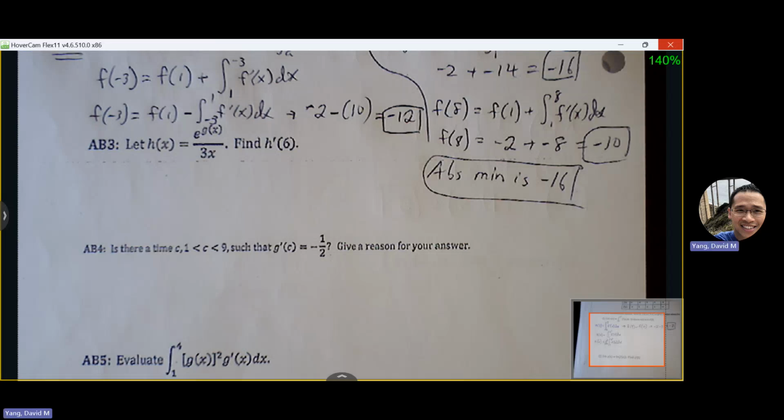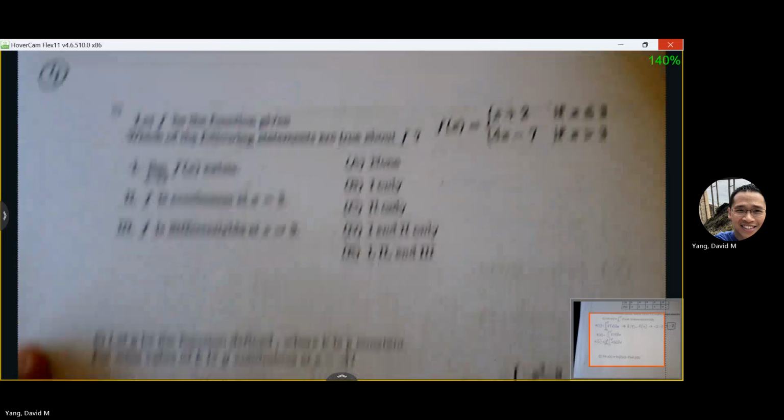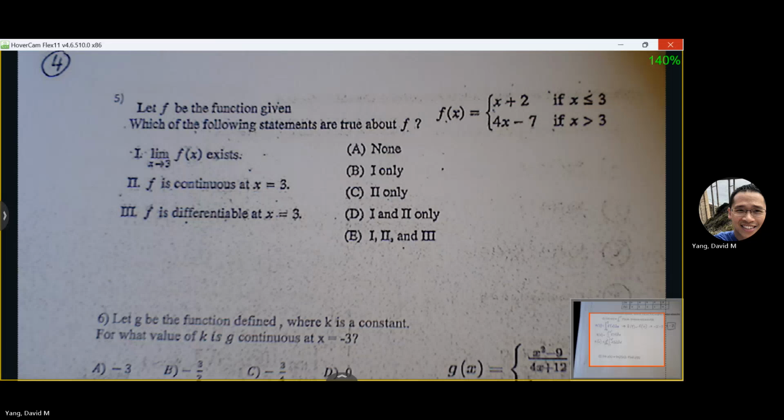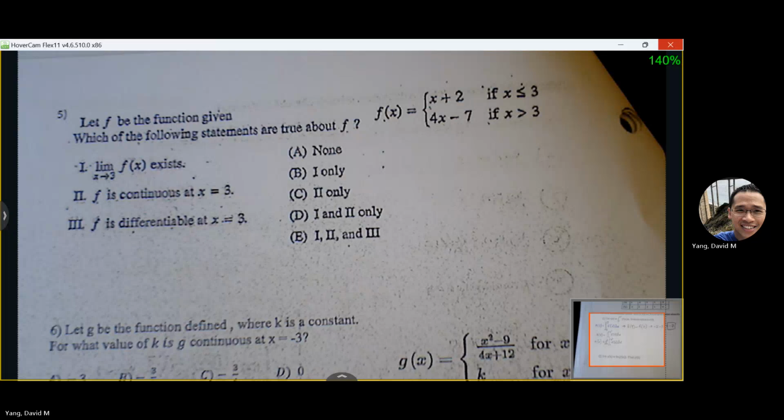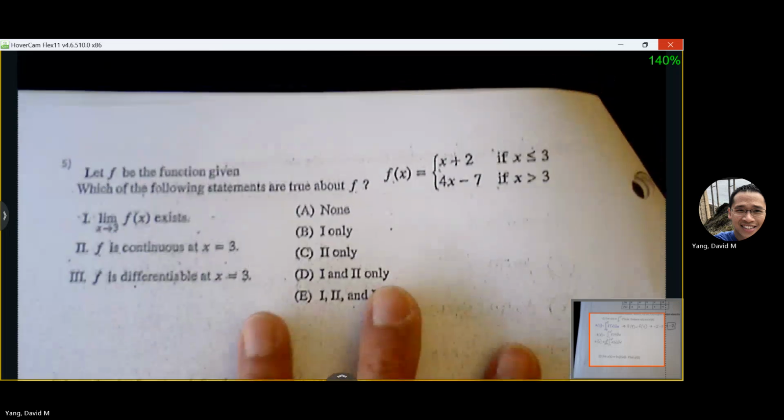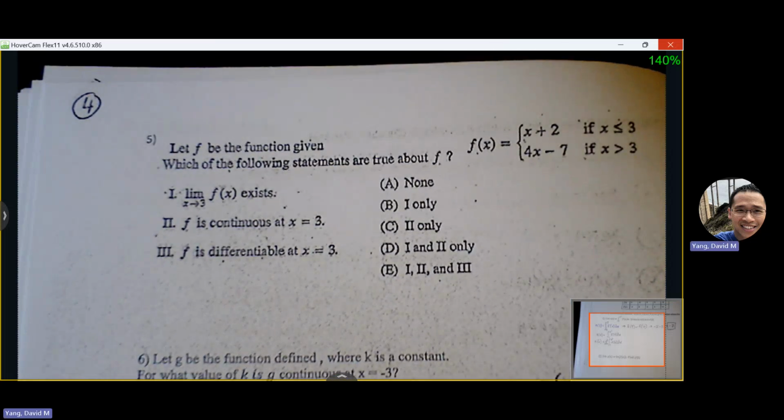We can turn to page 4 in the other packet. Okay, page 4.